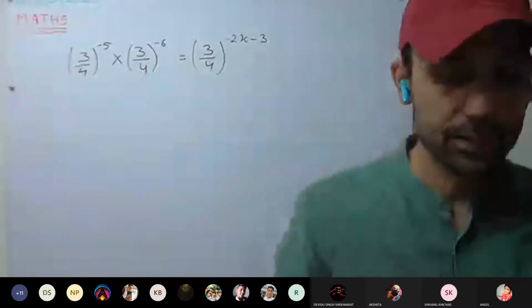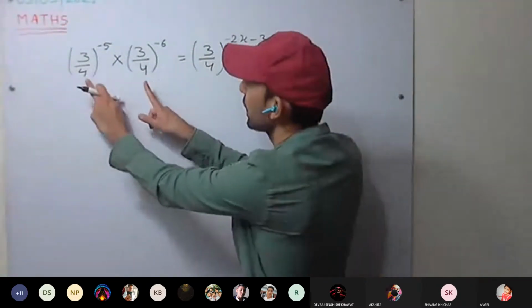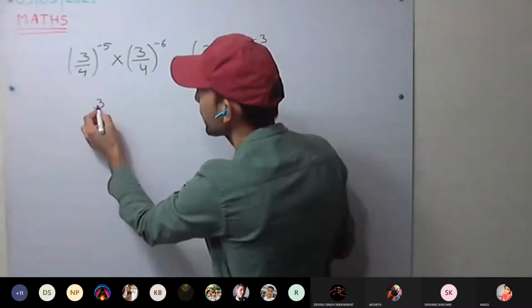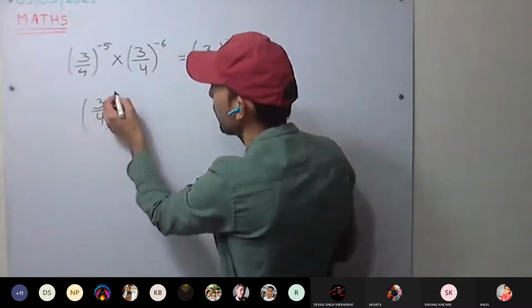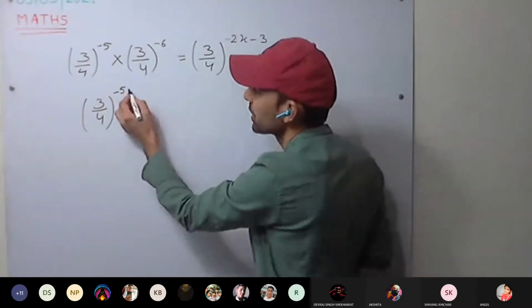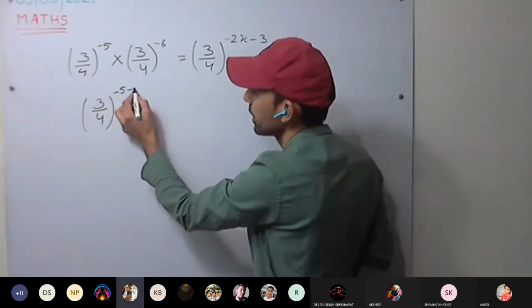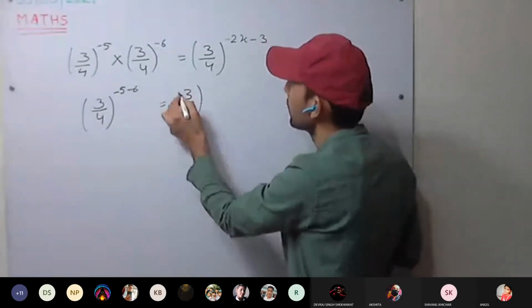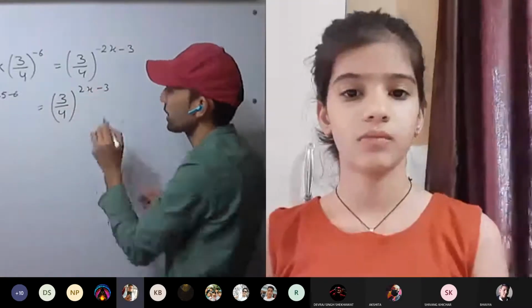So first check the base. Are the bases same? Yes, sir. So we can write it as 3 by 4 raised to power -5, plus -6, equal to 3 by 4 raised to power 2x minus 3.